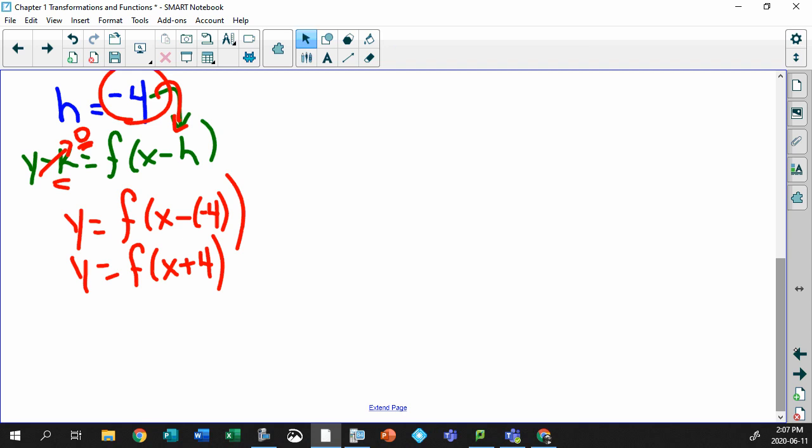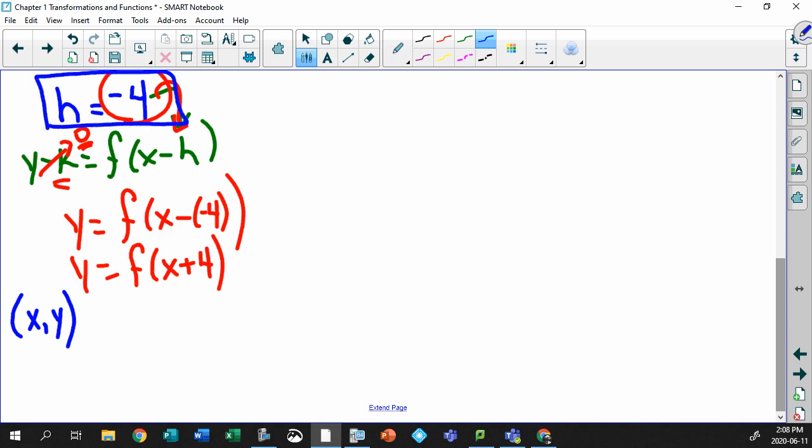Now let's write out the notations for this. Let's write out the mapping notation first. Mapping notation means you're going to take each point and map it to a new point. So think about it, what did you change? You changed the horizontal. So the old point (x, y) becomes the new point by taking every value of x and subtracting 4 from it.